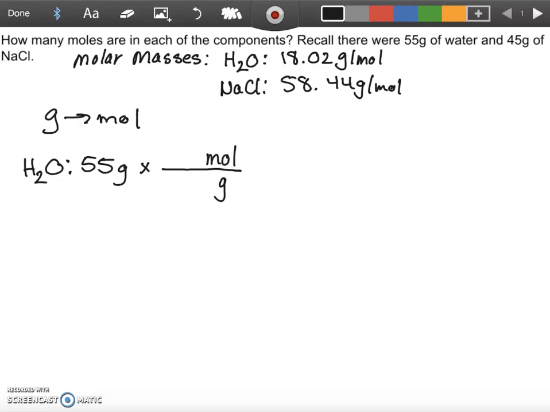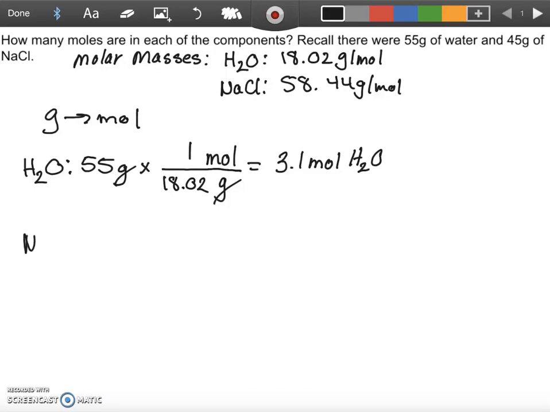Because it's grams with a mole, you already know that the mole always gets 1, and the grams is the molar mass, and that's 18.02. Again, grams cancel. So we've got 55 divided by 18.02, which means, with two significant figures, there are 3.1 moles of water in this mixture here.